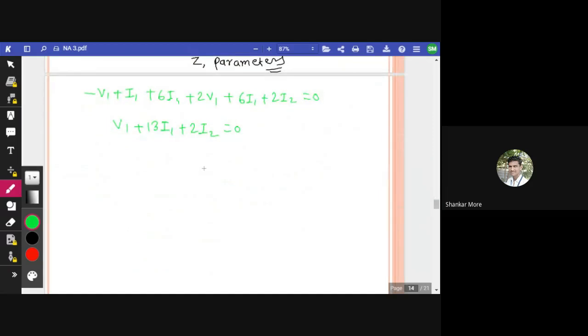Now if we simplify this, V1 is equal to minus 13 I1 minus 2 I2. So this is our first equation for Z parameters. Now our Z11 is minus 13, Z12 is minus 2. I hope it is correct.